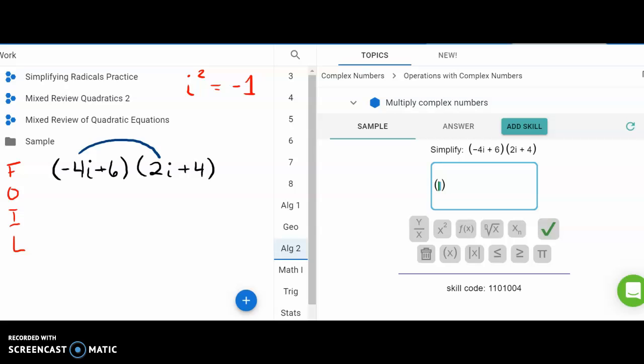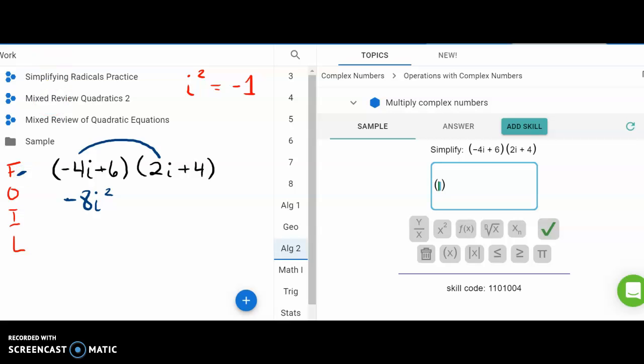So in this case, when we multiply these guys, this will be -4 times 2, that's -8, and i times i, that's going to be i squared. So that was front.